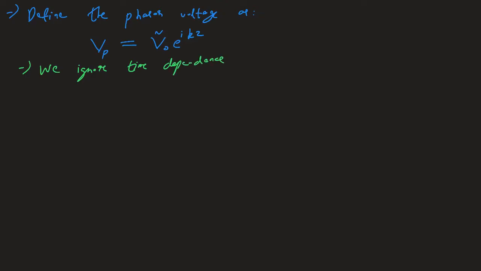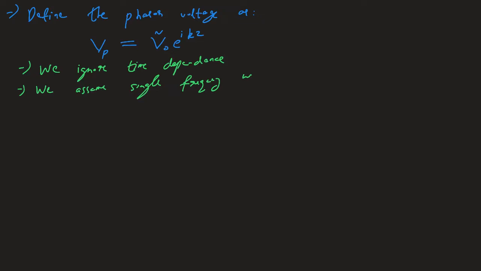And instead we assume single frequency omega, and in our whole transmission line or in our whole geometry we assume it's the same frequency everywhere, and so we don't specifically look at the time dependence at every point.